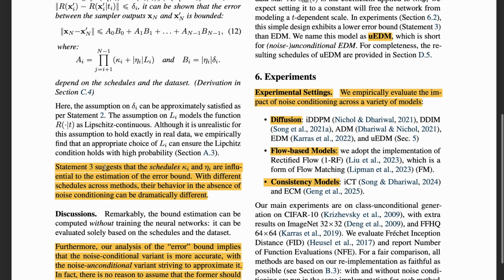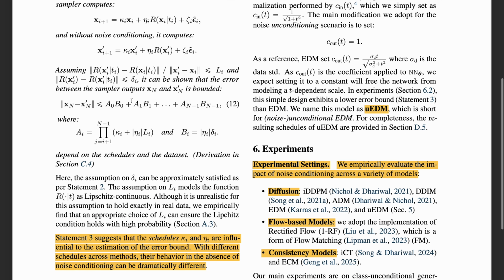Basically, I will not dive into the theoretical development, but I invite you to read the paper. The conclusion is that the training noise schedule, which they parameterize by kappa and eta, matters.